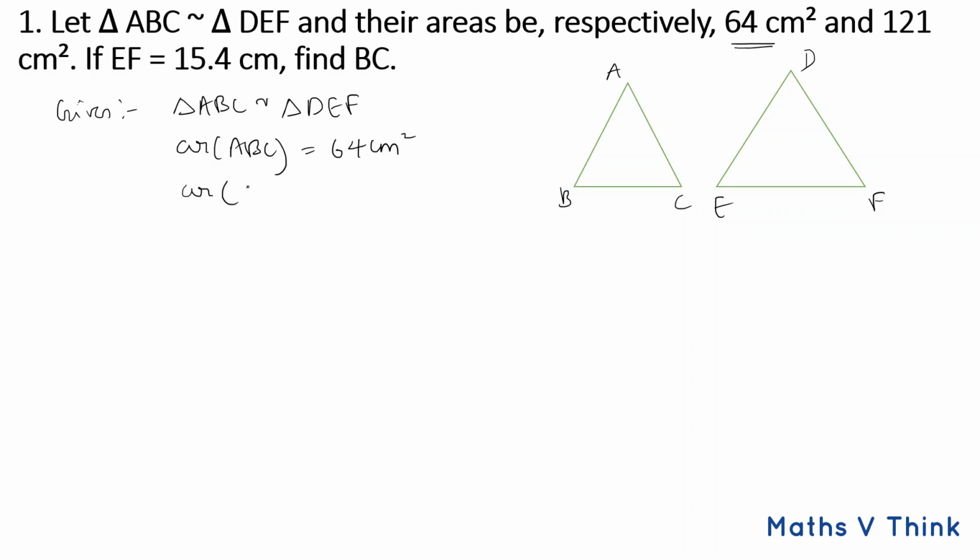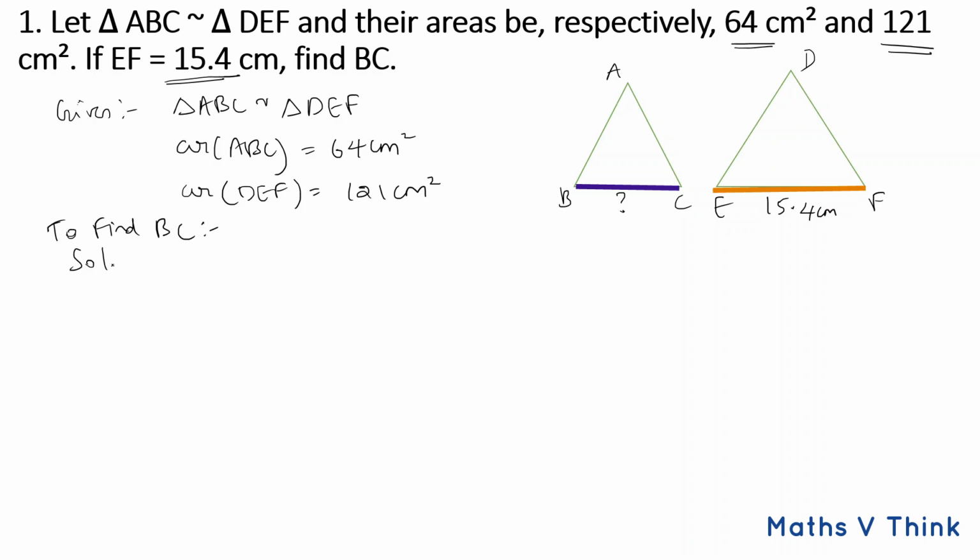Same way, area of DEF is 121 cm square, and they gave EF is 15.4 centimeter. BC we need to find. Solution.